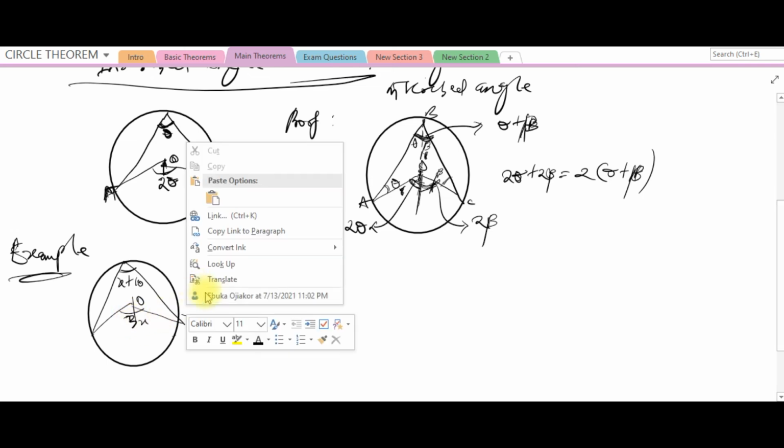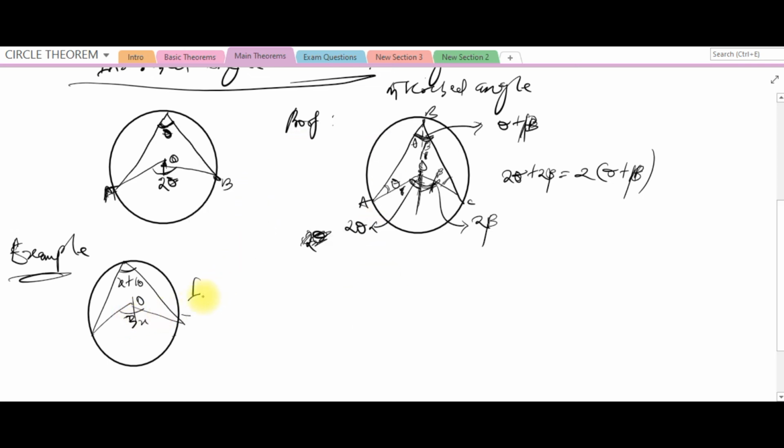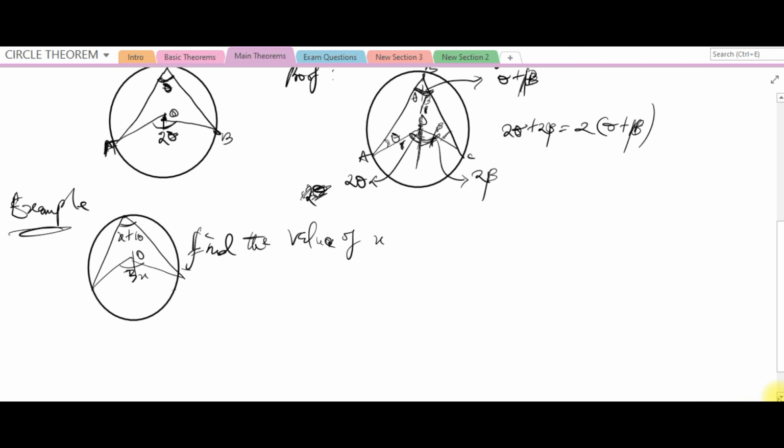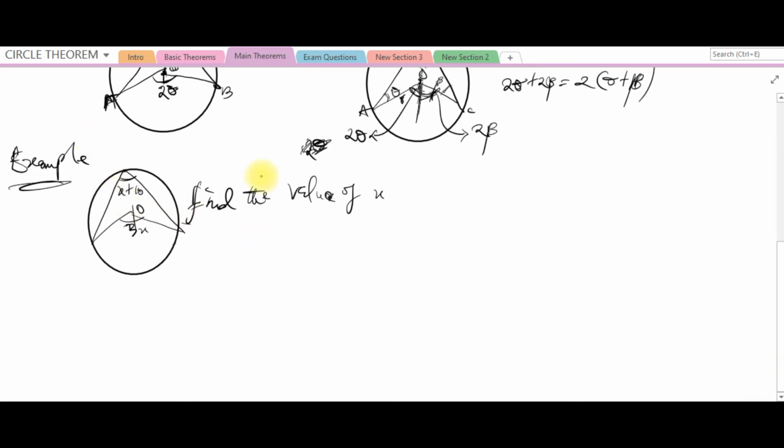We are asked to find the value of x. So without wasting time, using the inscribed angle theorem, the answer is direct.